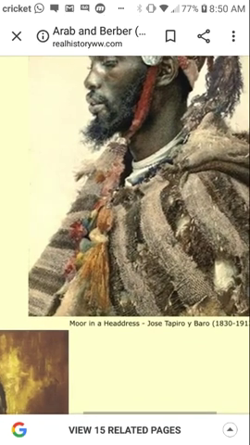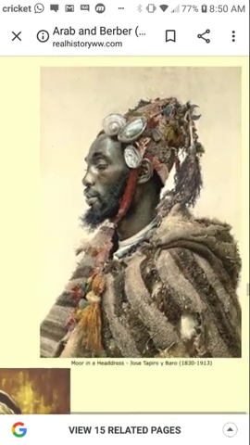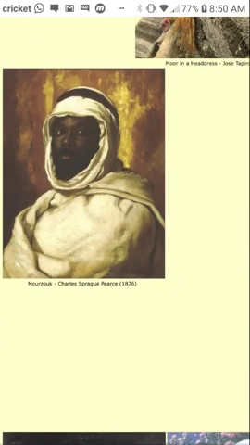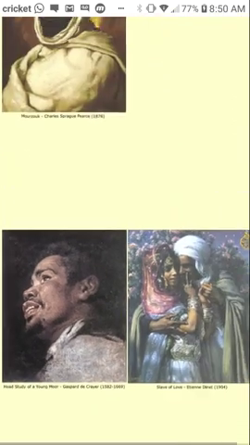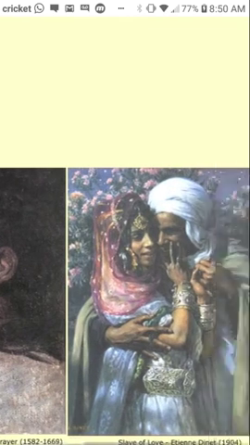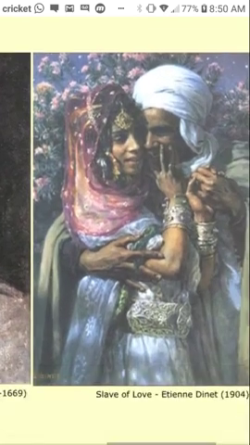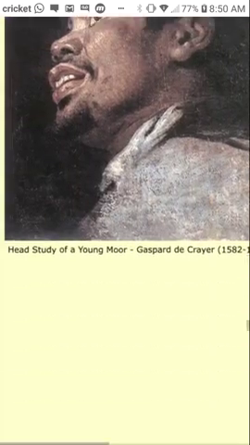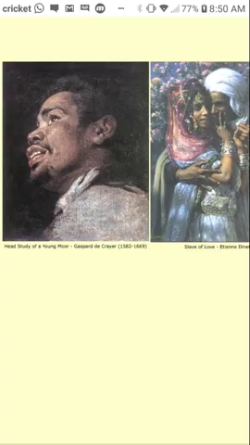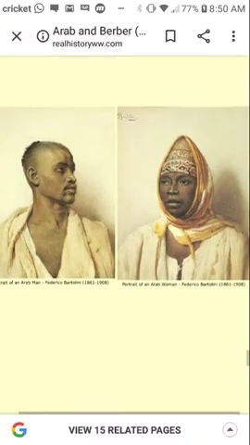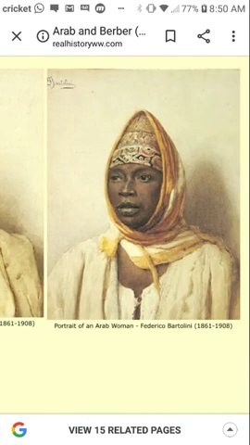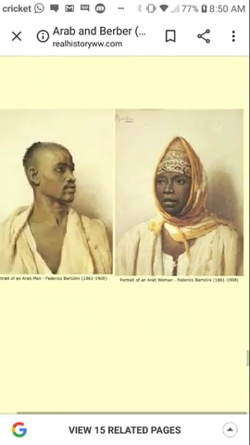It shows Moor in headdress, 1830s. Slave of love. A young Moor. Okay? And you can go through each section, guys, and check it out. And this shows you what Arabs would have looked like. Portrait of an Arab man. Portrait of an Arab woman. Black peoples, guys.